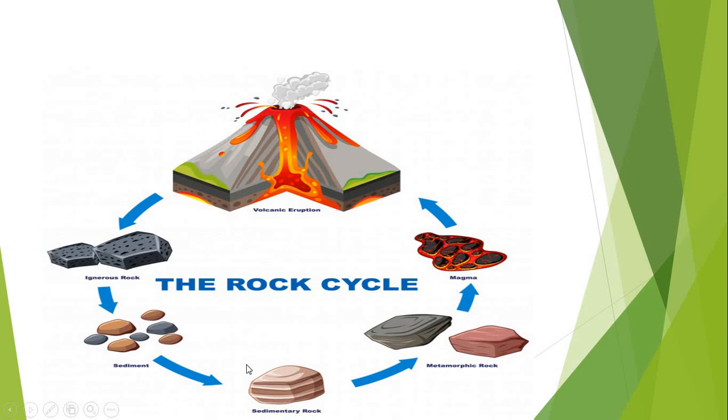When igneous rock and sedimentary rock under great heat and pressure are transformed into metamorphic rocks, and when these rocks, due to intense heat and pressure, liquefy into magma, the rock cycle is completed.